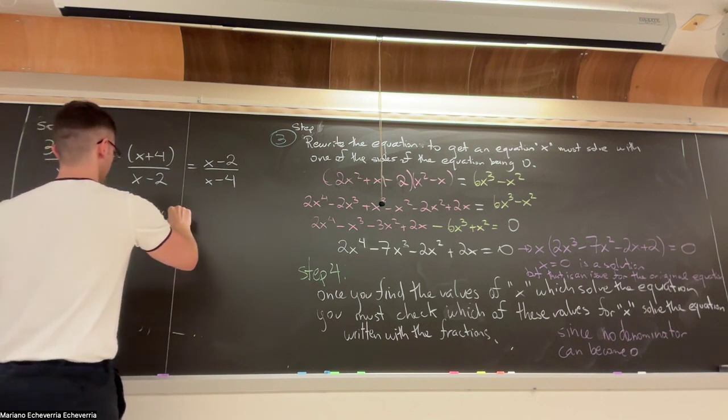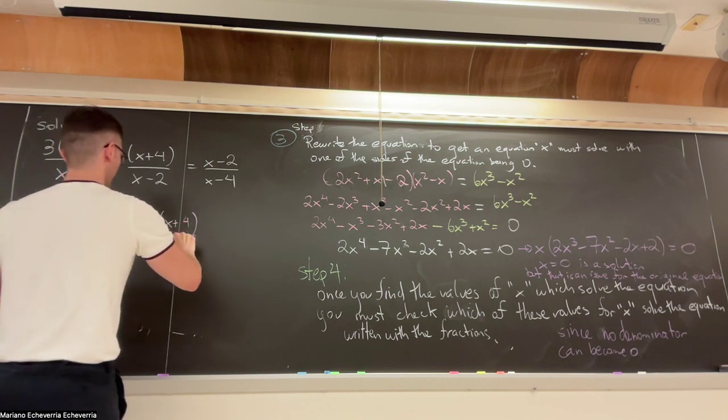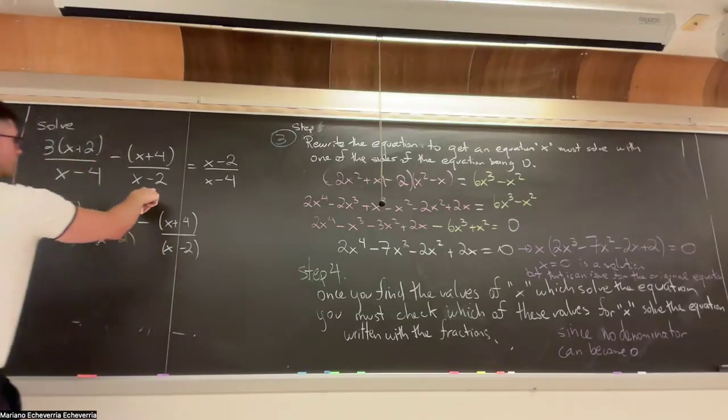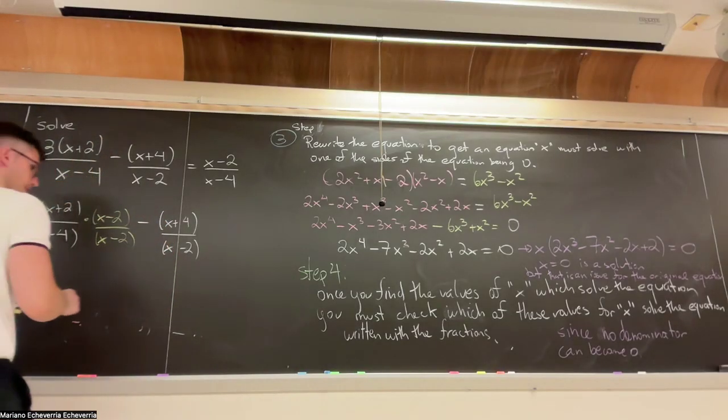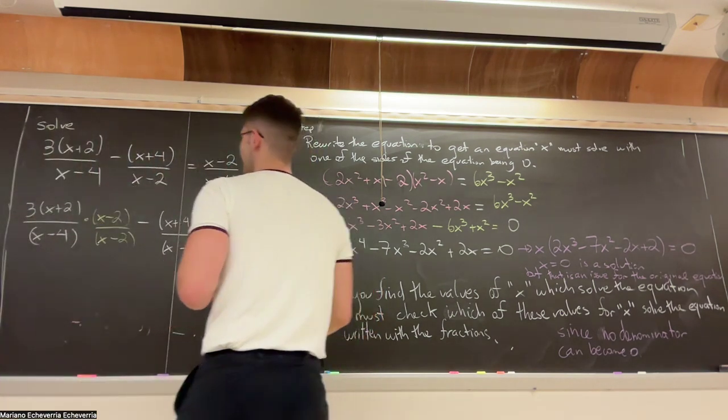What is the second one missing? This denominator is missing x minus four. I'll put x minus four here.